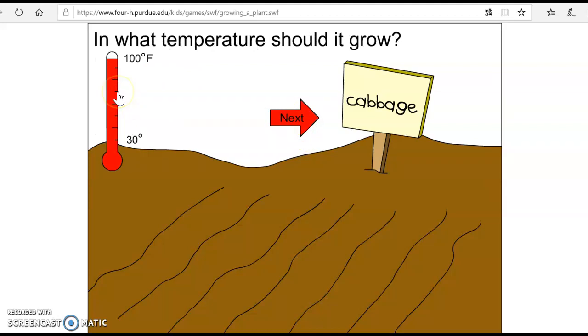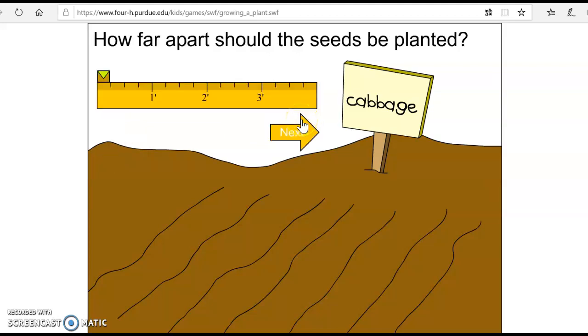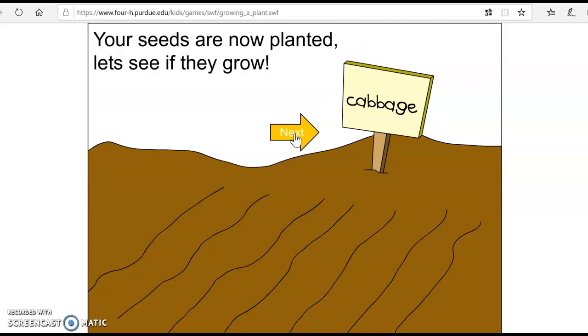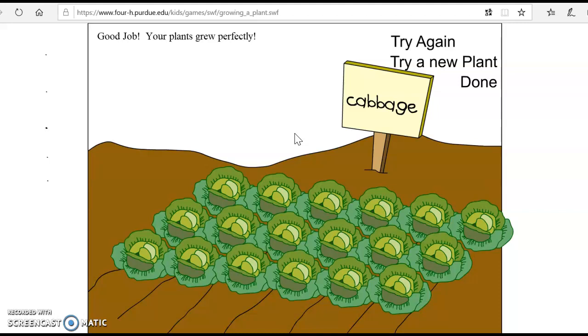Again, I'm going to plant my cabbages between 60 and 70 degrees. And I think my cabbages probably need to be 2 feet from one another. Let's see if the conditions for our cabbages will create successful plants. Good job! Your plants grew perfectly.